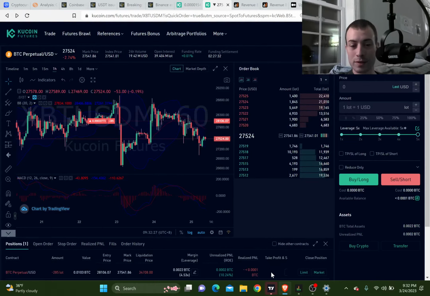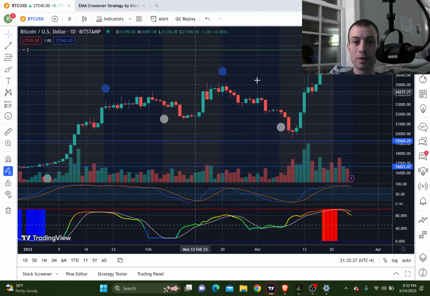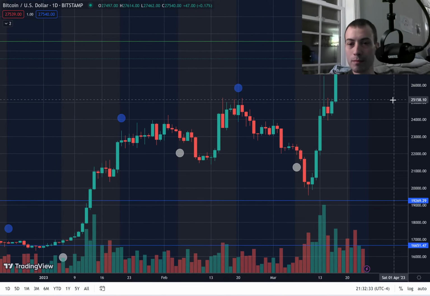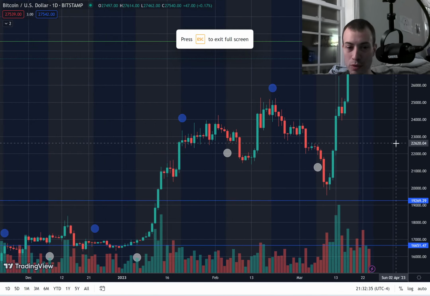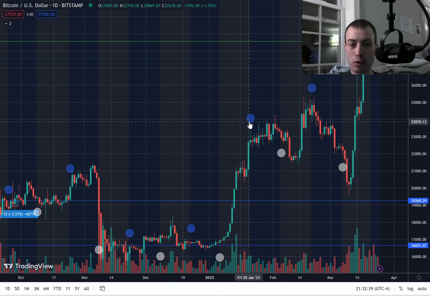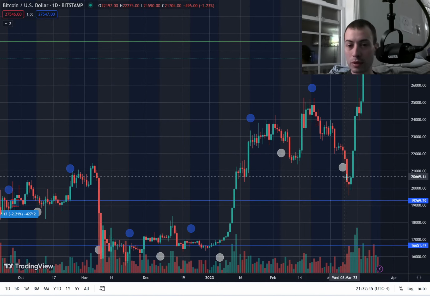Anyways, so as soon as this actually loads, we can see the moons. So let's zoom out just a little bit. And you'll notice that you have these moon shifts, right? You got blue, gray, blue, gray, blue.